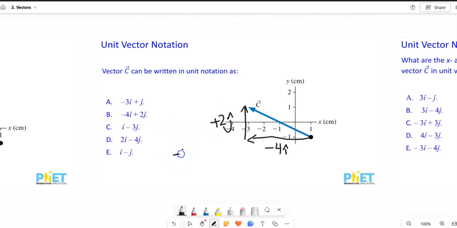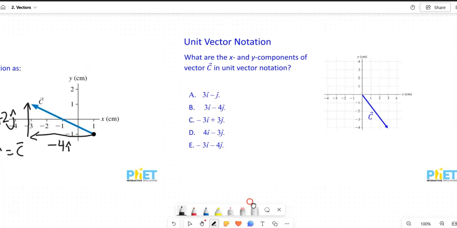So negative 4i plus 2j is C. So choice B is going to be our vector C. Okay? So, pretty easy.